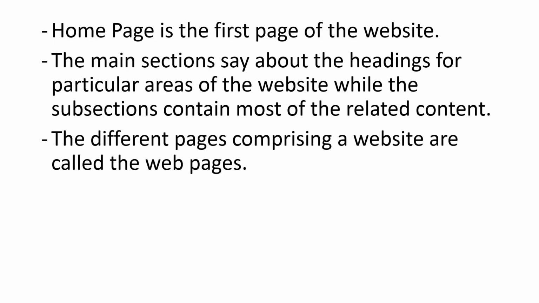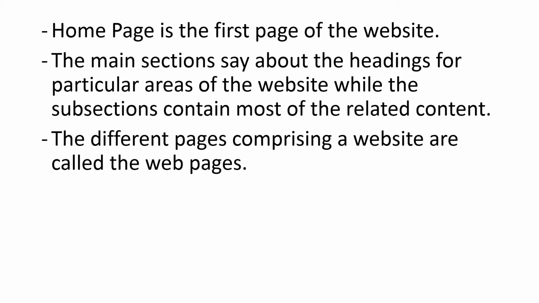Now, home page is the first page of the website. When you go to any website, the first web page that you see on your screen is nothing but the home page. Now, the main sections say about the headings for particular areas of the website, while the subsection contains most of the related content. Okay, main section contains some of the bulletins, headings of the main part of the website, and then subsection contains the related content of the website.